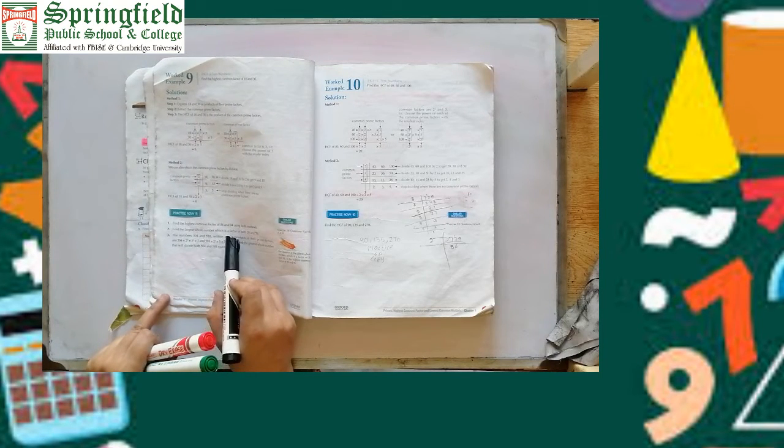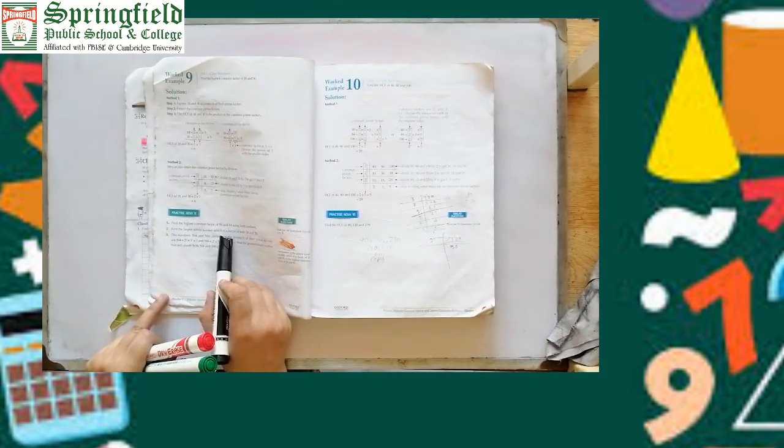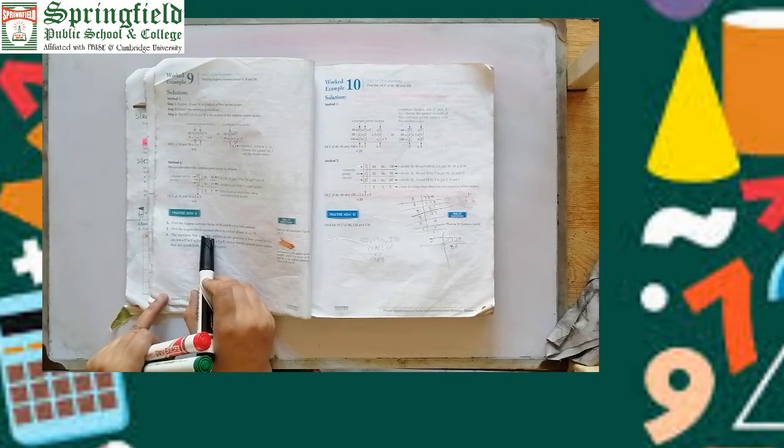They are asking using both methods, which means you will do both methods. But here you can select any one method and find out the HCF. This one is also your task.